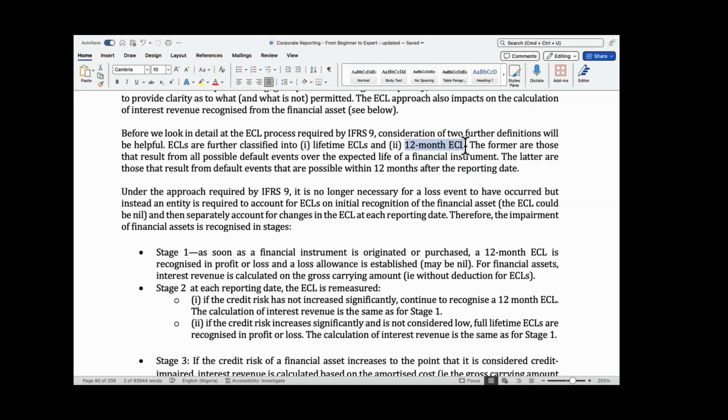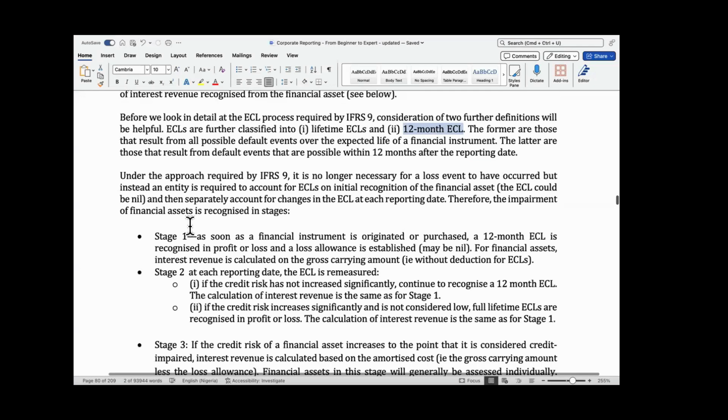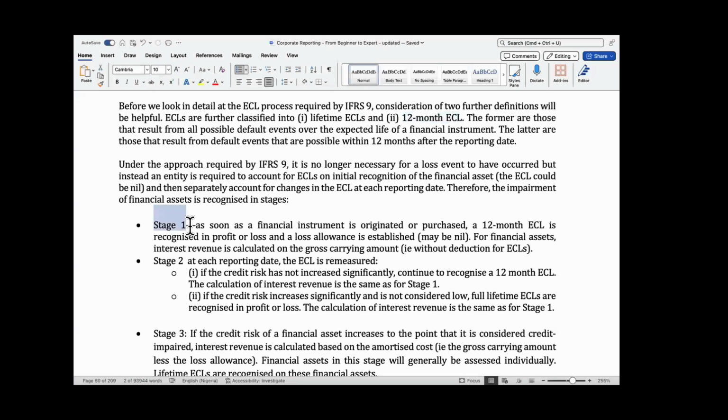In stage 1, immediately you originate or purchase a debt instrument, you must recognize impairment loss. And that impairment loss you recognize is a 12-month ECL. That is, you should have sat down and looked at the possibility of a loss that could happen within 12 months. Like, are there any default events that can happen?